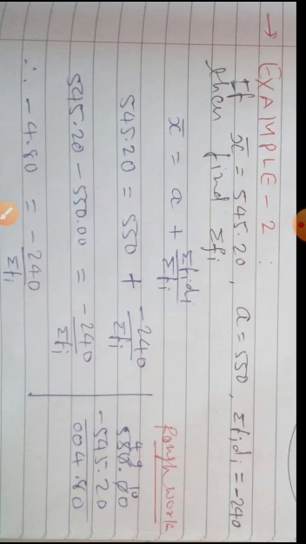So again the same formula is written and all values are placed. x bar is given 5.20, a equal to 550, sigma fi di and sigma fi also given.